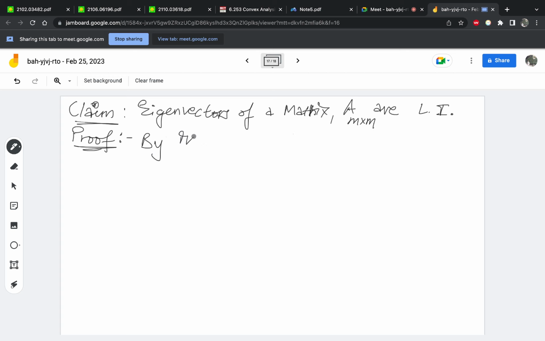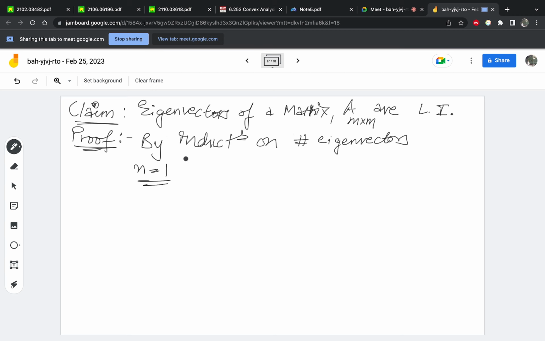What I meant was induction on the number of eigenvectors. So if I take one eigenvector of some matrix m cross m, sorry for the mixing up of m and n.